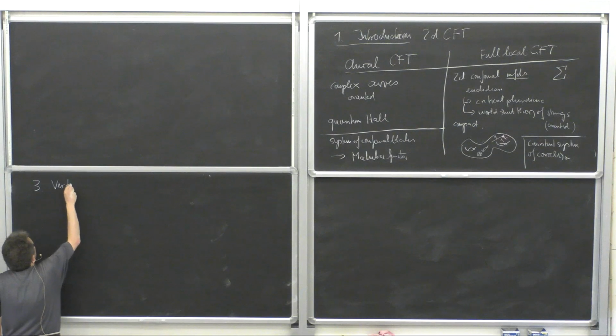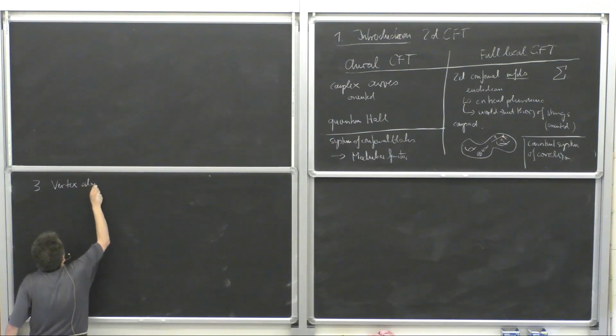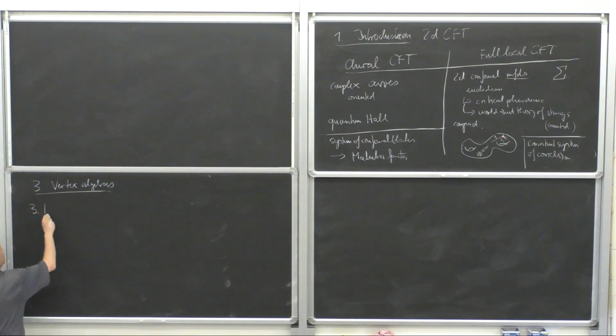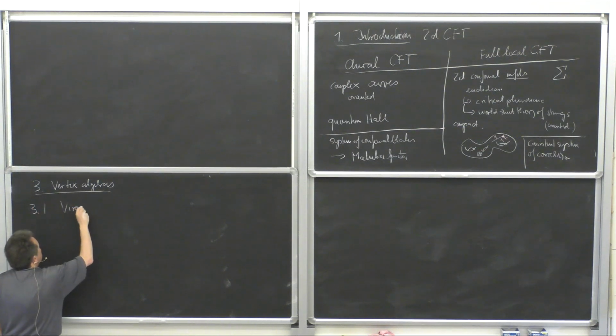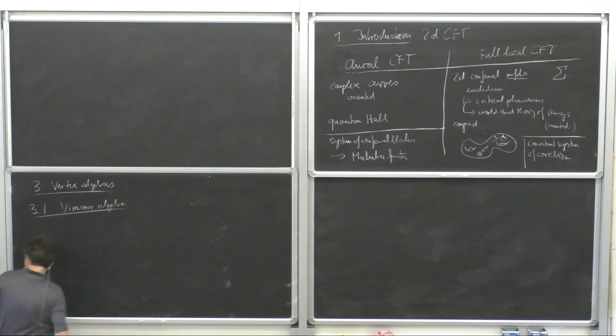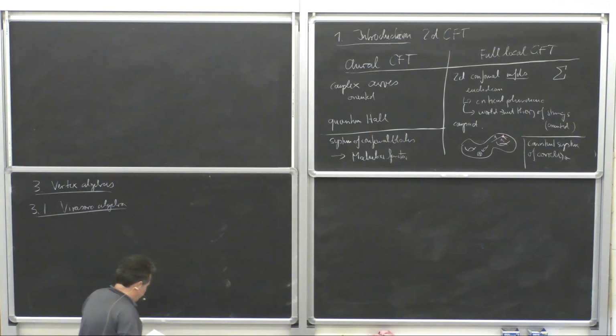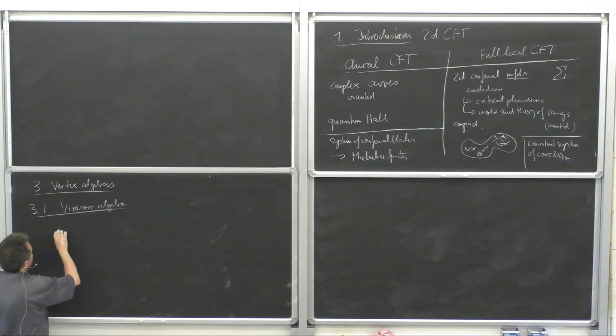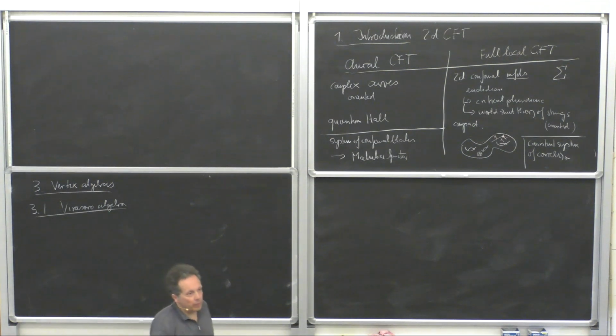So let me talk about vertex algebras. Before doing this, let me do something very classical. Let me talk about the Virasoro algebra. Here I can again use things from the lecture in the morning. We are interested in conformal symmetries, and what we will study are conformal symmetries in an infinitesimal way.